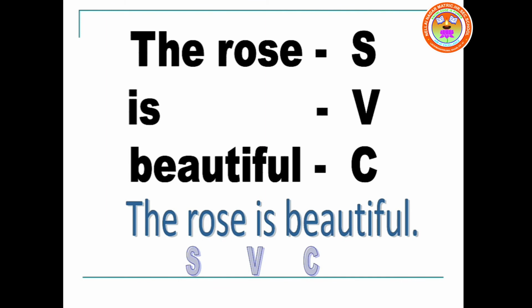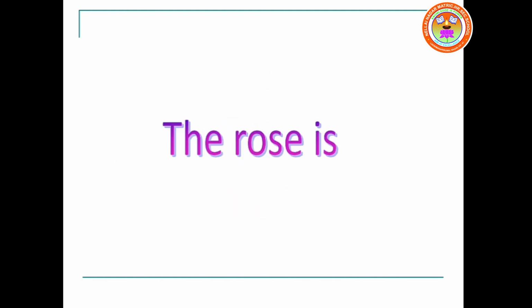Remember, children, complement gives complete meaning to the sentence. Without the complement beautiful, we won't get meaning for the sentence. The rose is. It is not a complete sentence. We want a word to complete it. That is complement.